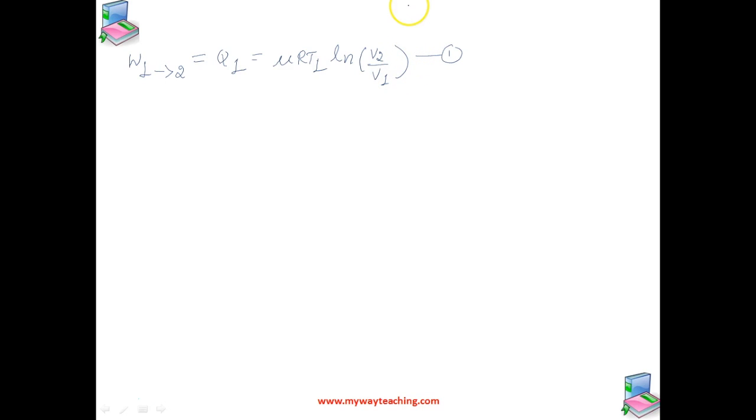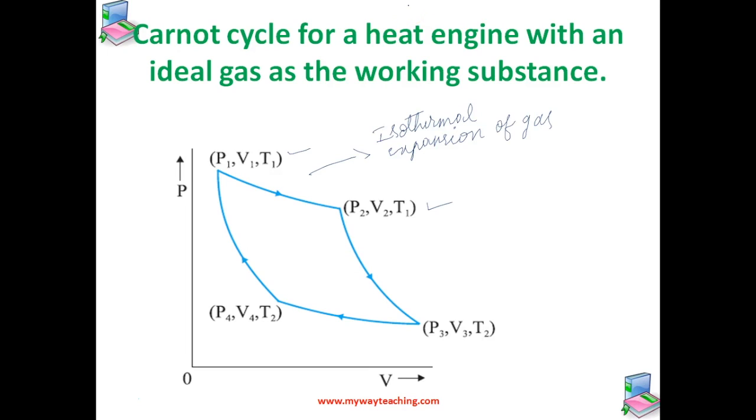In step 2, as you can see in this figure, adiabatic expansion of the gas takes place from P2 V2 T1 to P3 V3 T2.